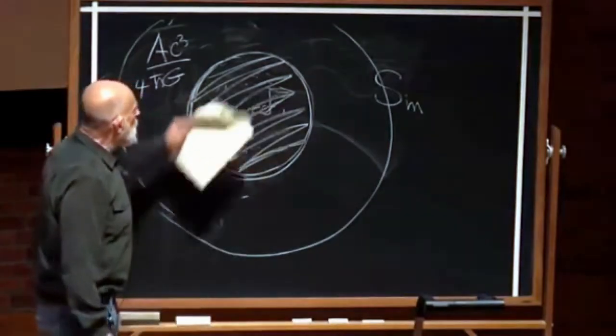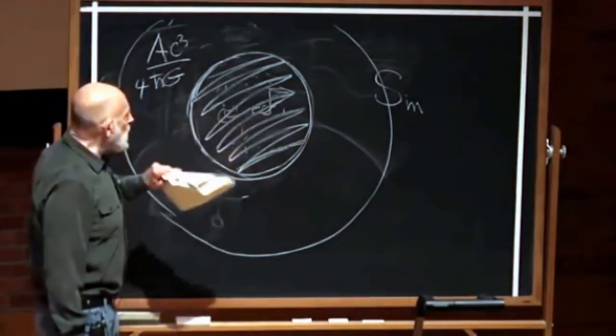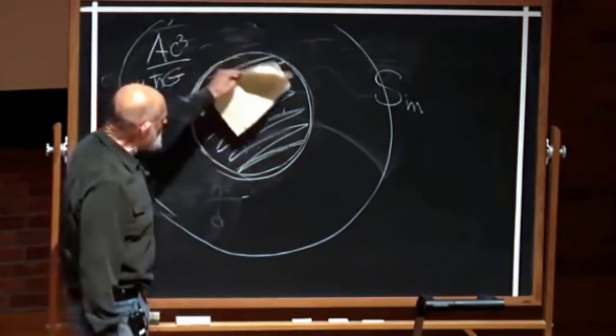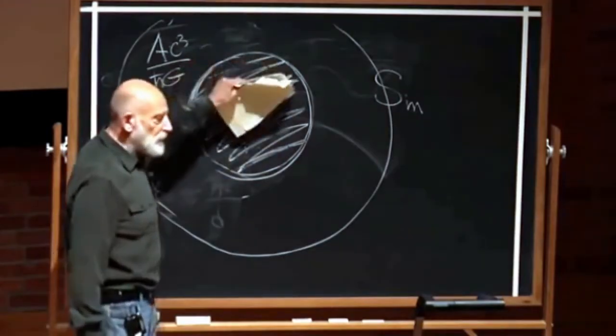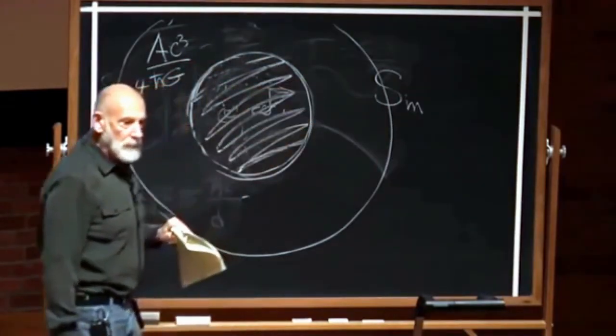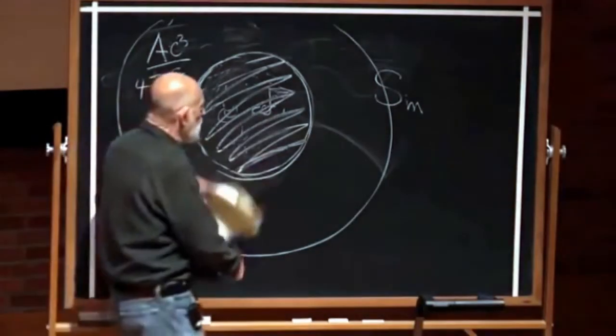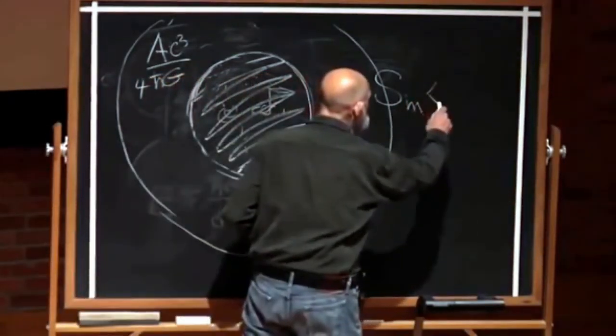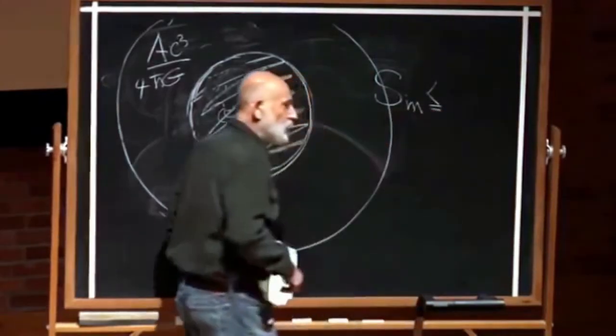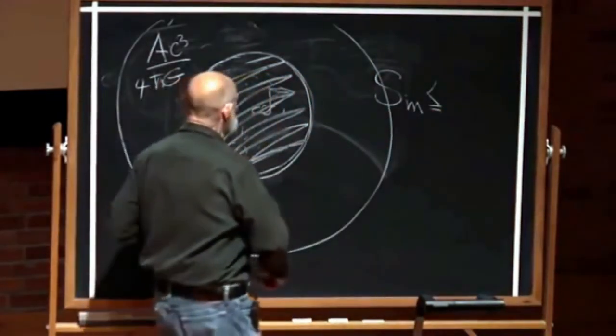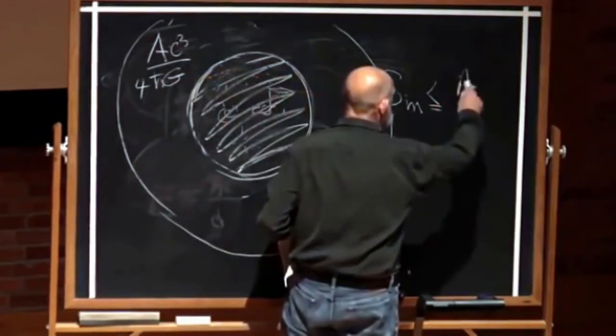What does it say? First of all, the second law of thermodynamics says that the entropy after you do this must be bigger than the entropy before. Entropy increases. Therefore, we learn the following, that the initial entropy must have been less than or equal to, could not have been bigger than, the area times this other stuff here.